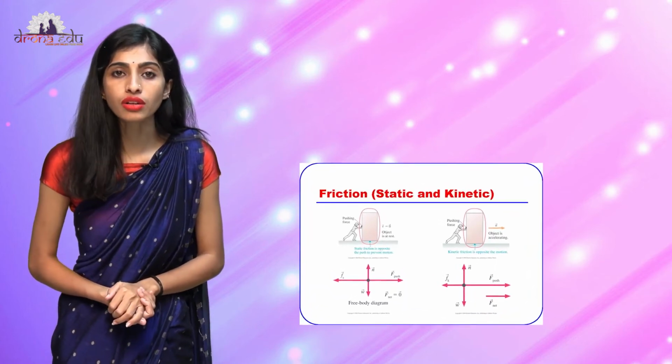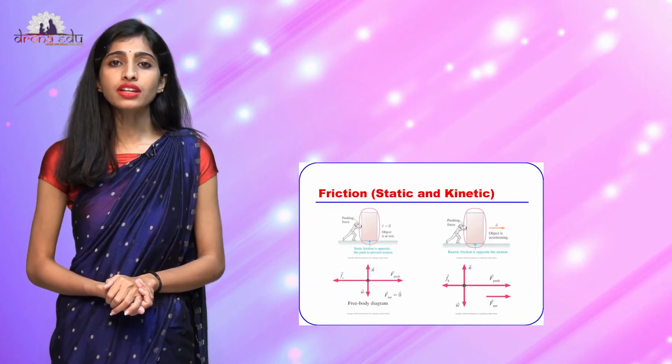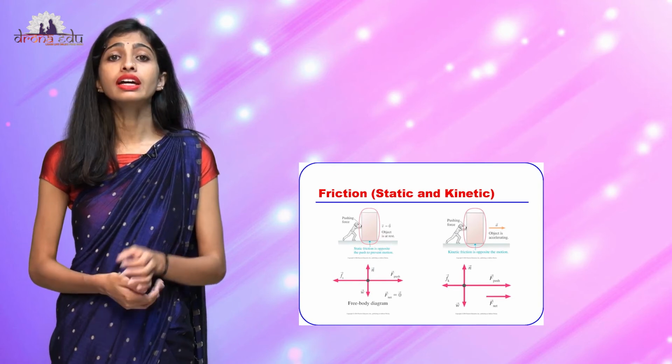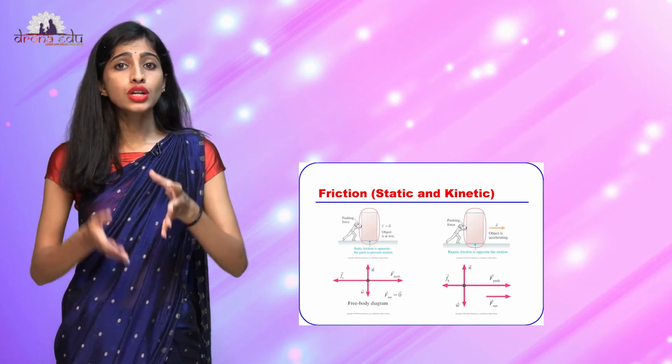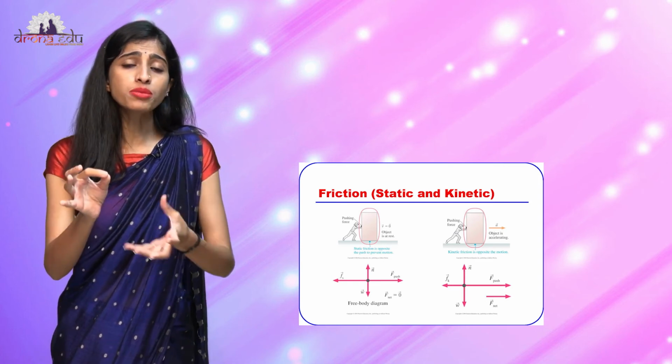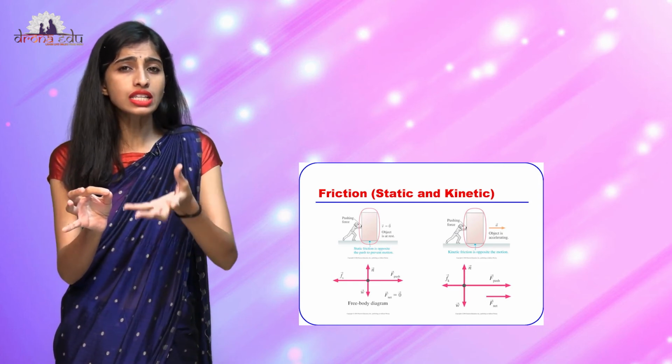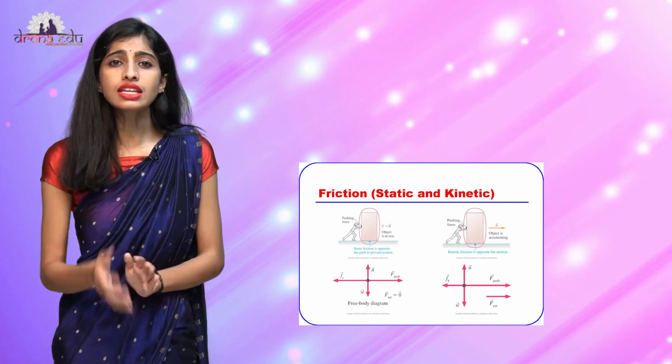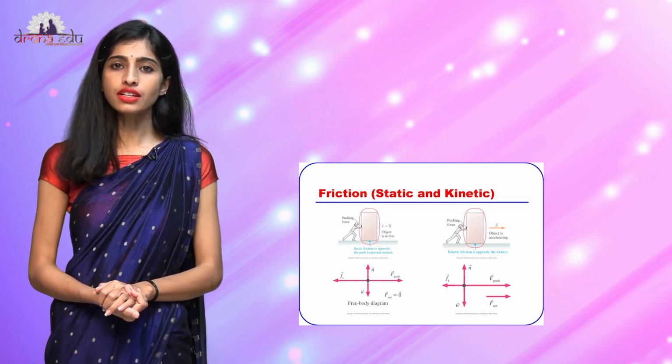Okay, the force required to overcome the friction at the instant an object starts moving from the rest is a measure of static friction. Tell me, what is static friction? The force required to overcome the friction at that instant an object just starts moving from the rest is a measure of static friction.